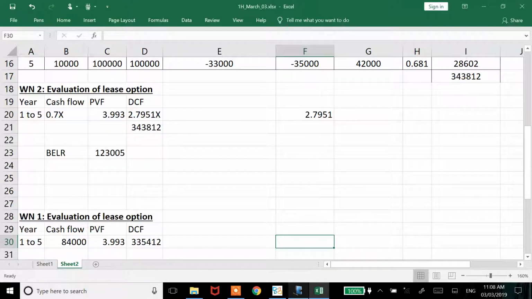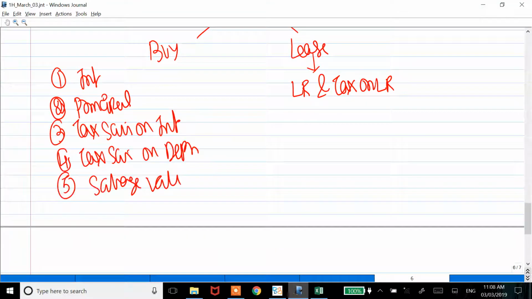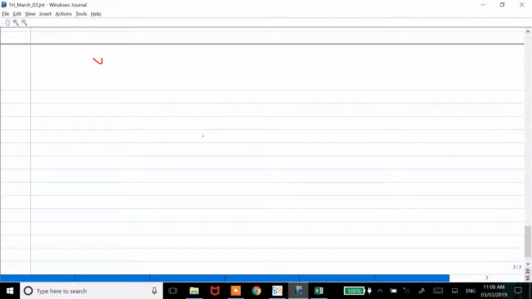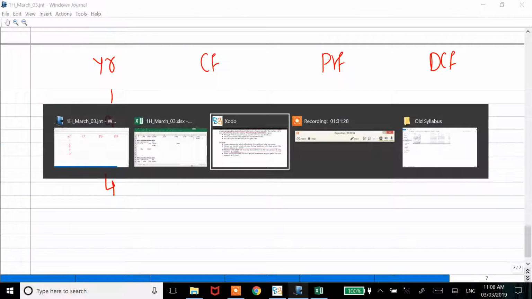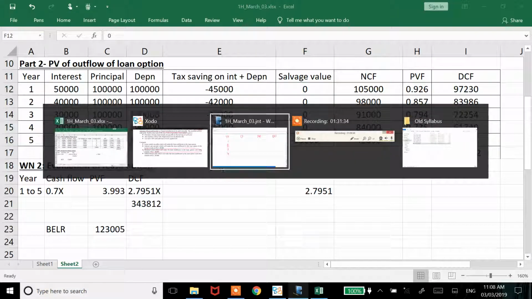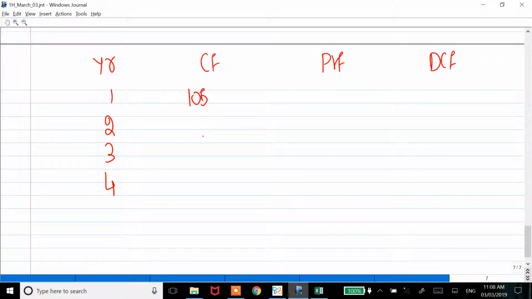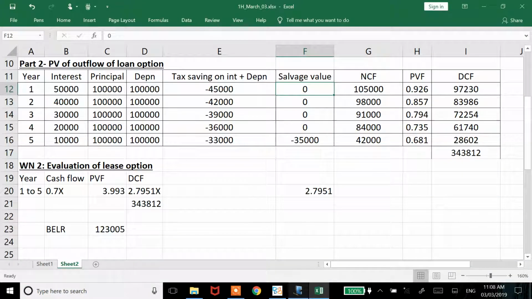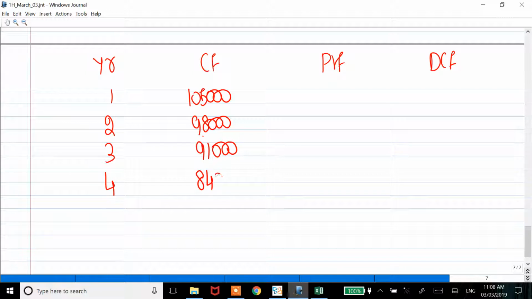Year, cash flow, PVF, DCF. I want to do all the calculation again. Years 1, 2, 3, 4 have the same numbers as earlier: 1,05,000, 98,000, 91,000, 84,000.